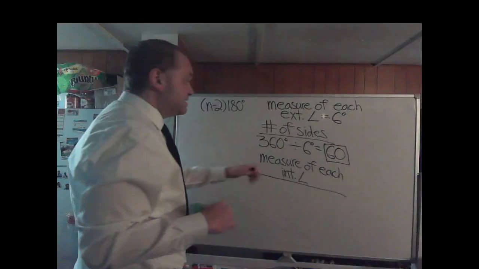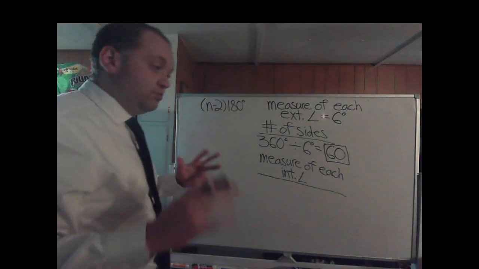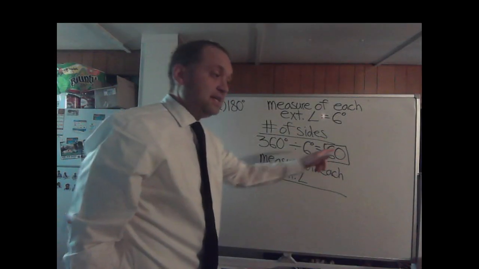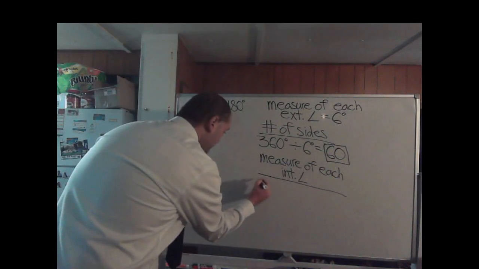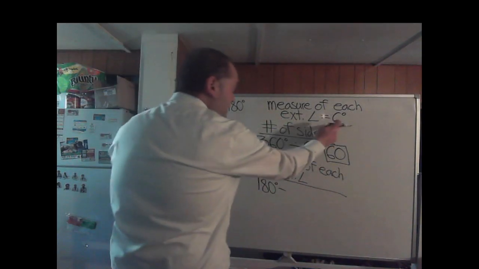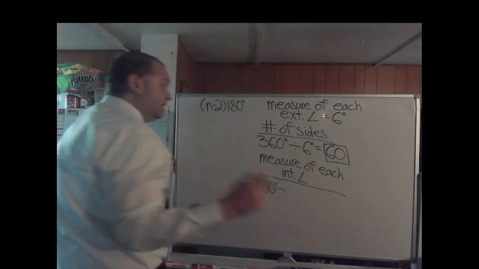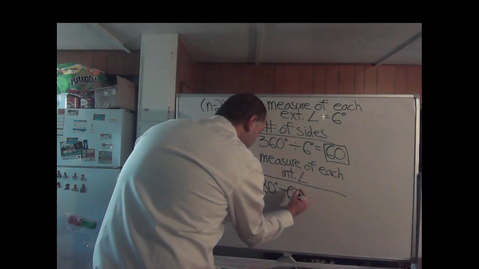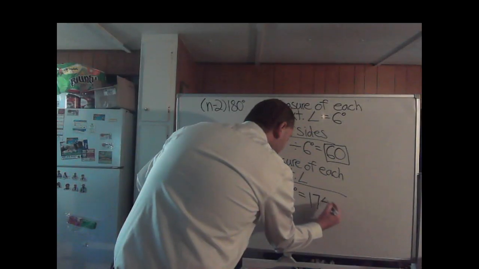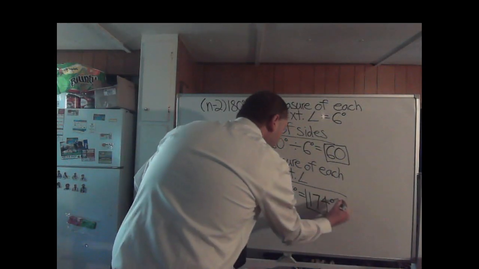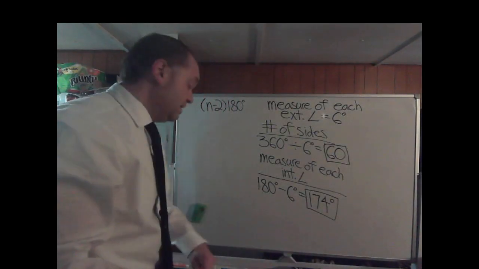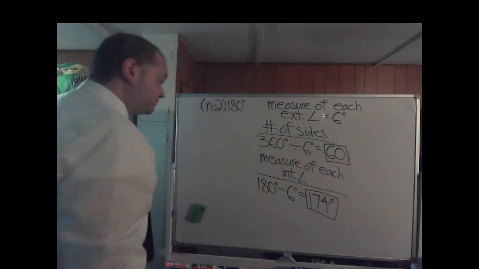So if you want to find the individual measure of a single interior angle of a regular 60-gon, you're going to take that 180 degrees minus the measure of a single exterior angle of that 60-gon, which would just be 6 degrees, which means the measure of a single interior angle of a 60-gon would be 174 degrees. Just for one angle of a 60-gon, you would get 174 degrees.